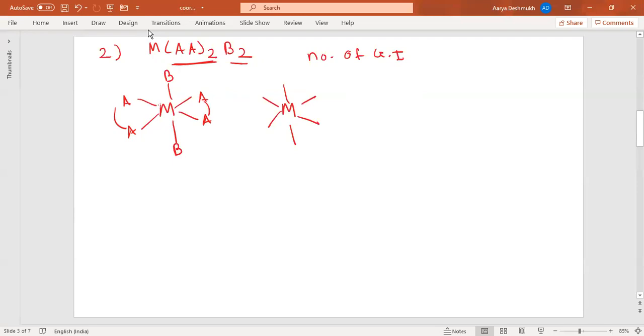Now for this one, AA is bidentate and B, these two are unidentate. So this is your cis and this is the trans isomer according to geometrical isomerism. So the number of geometrical isomers will be 2 here, cis and trans.